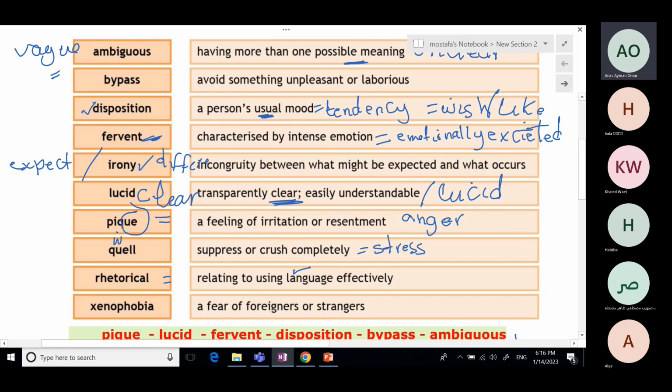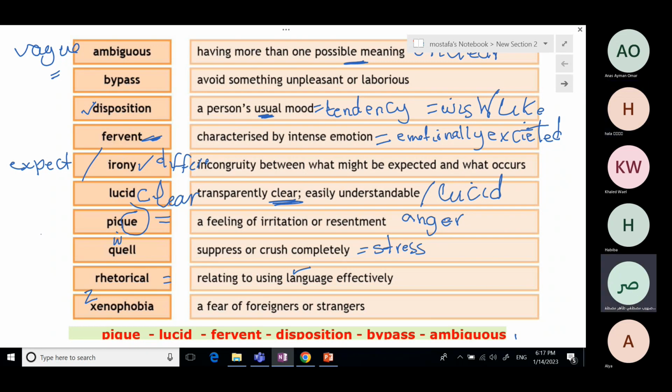Read, read, read, rhetorical, Rhetorical. rhetorical, xenophobia, Xenophobia. xenophobia. Yes. Thank you. Hala, Yes. read. Ambiguous, bypass, disposition, fervent, irony, lucid, peak, Peak. quell, peak, quell, Rhetorical. rhetoric, Yes. Rhetorical. xenophobia.